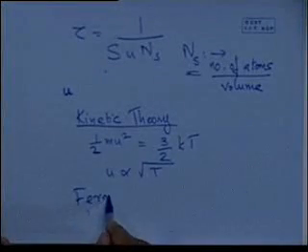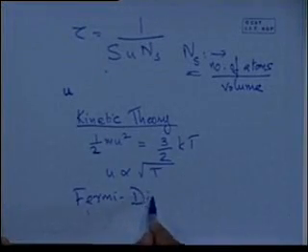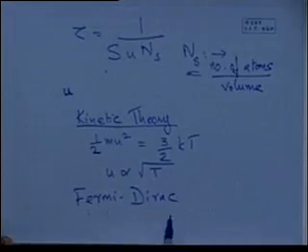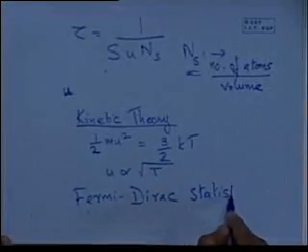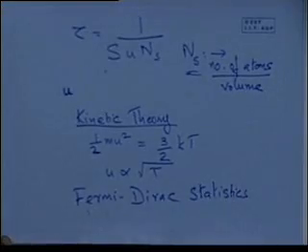But in reality, electrons don't follow kinetic theory. We will come to that. They follow what is known as Fermi-Dirac statistics. So they are not following Boltzmann's equation in general, but later we are going to use Fermi-Dirac statistics to understand what is happening with electrons. They follow a different kind of mechanism.